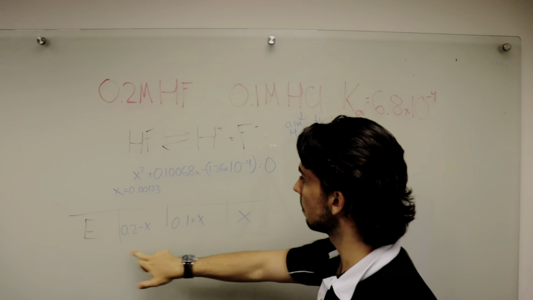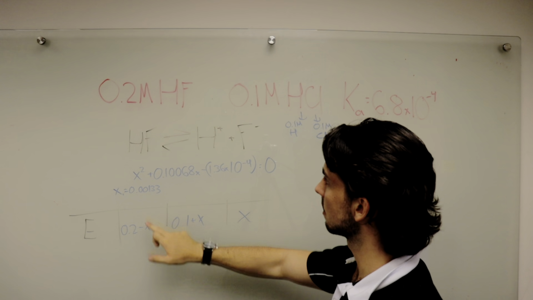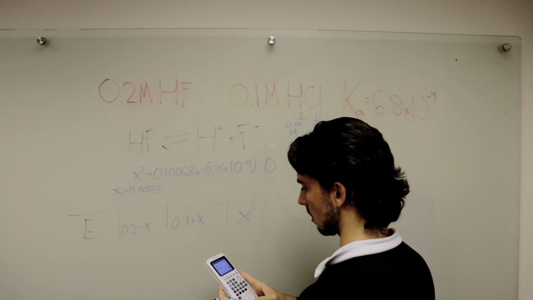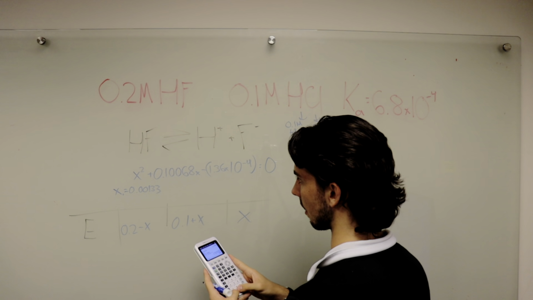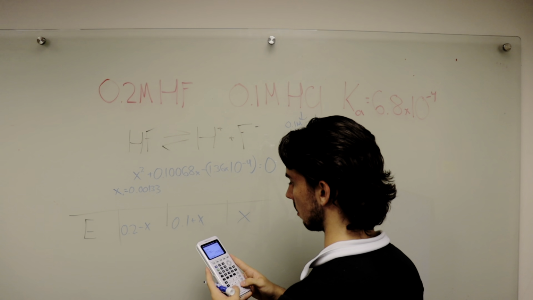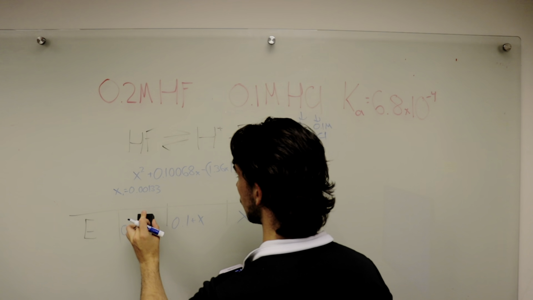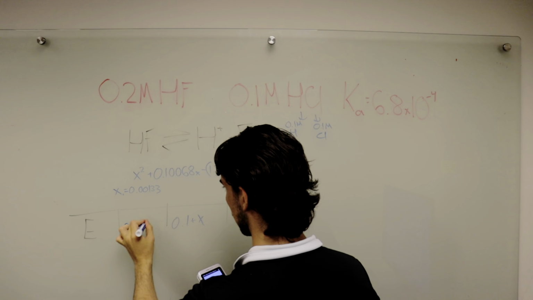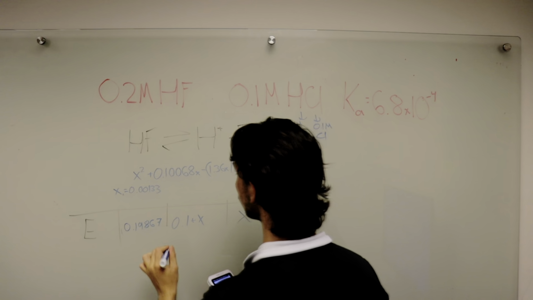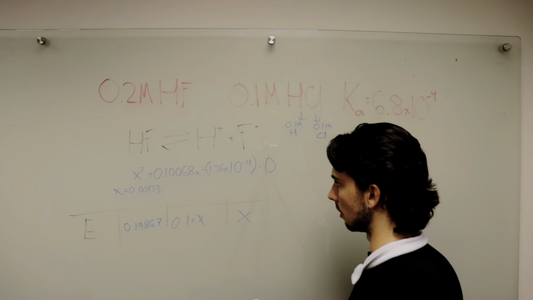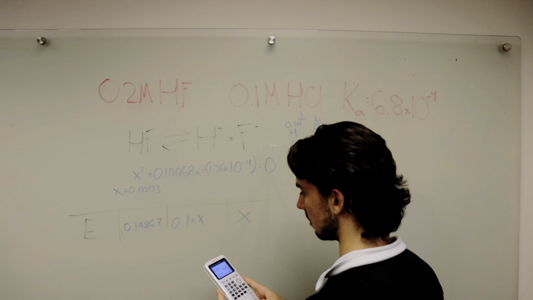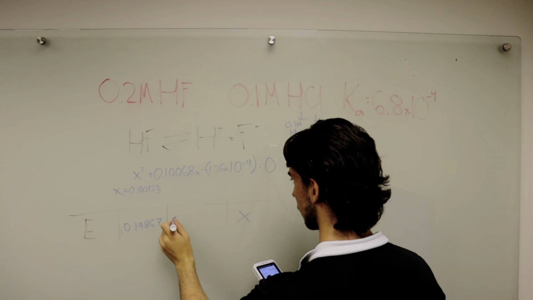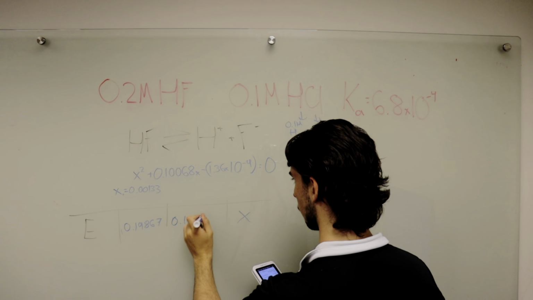What can we do with that? We know our equilibrium for hydrogen fluoride is 0.2 minus x, so we plug this x in. 0.2 minus 0.00133 gives us the concentration of hydrogen fluoride at equilibrium, 0.19867. The hydrogen ion concentration at equilibrium is 0.1 plus 0.00133, which gives us 0.10133.